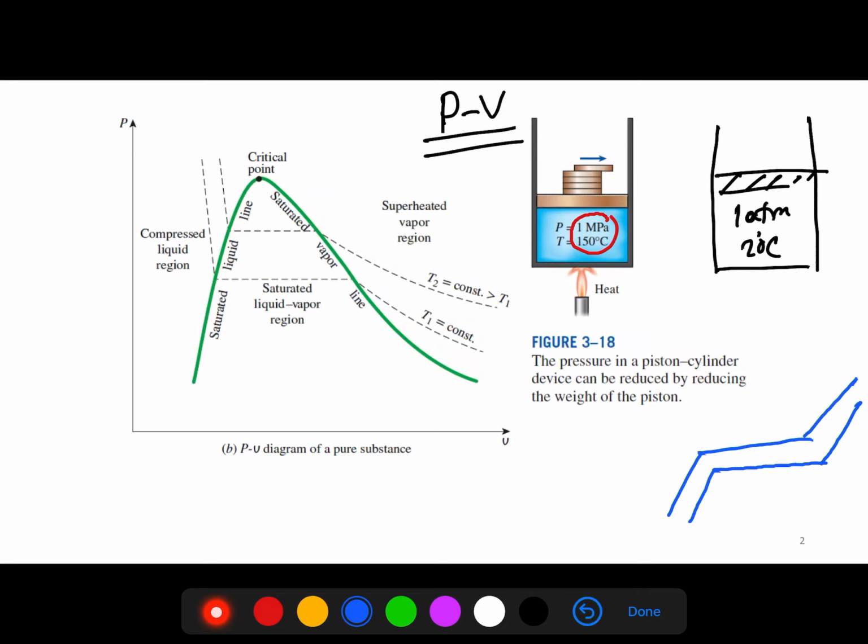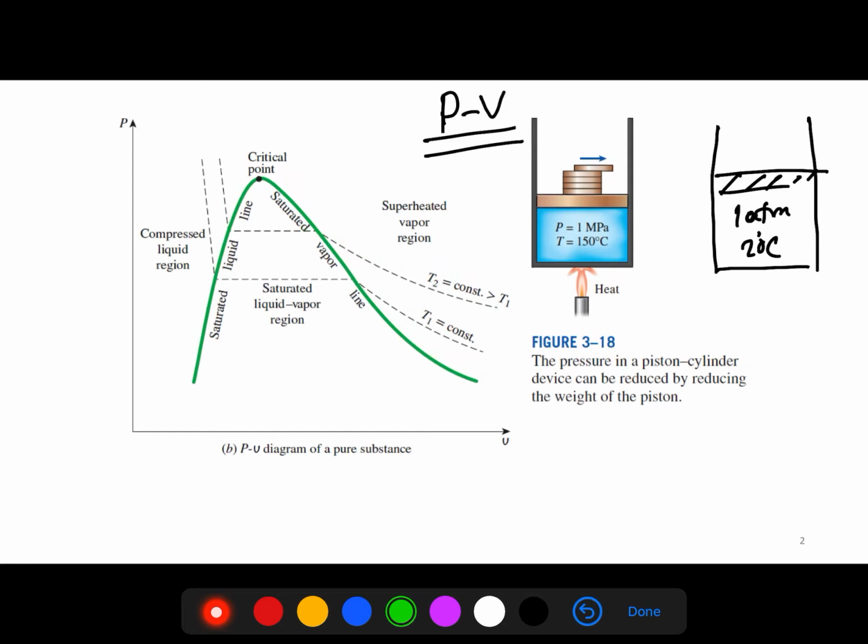The curve went in an upward direction. But here, in the PV diagram, the curves will be in a downward direction. That's the only difference.